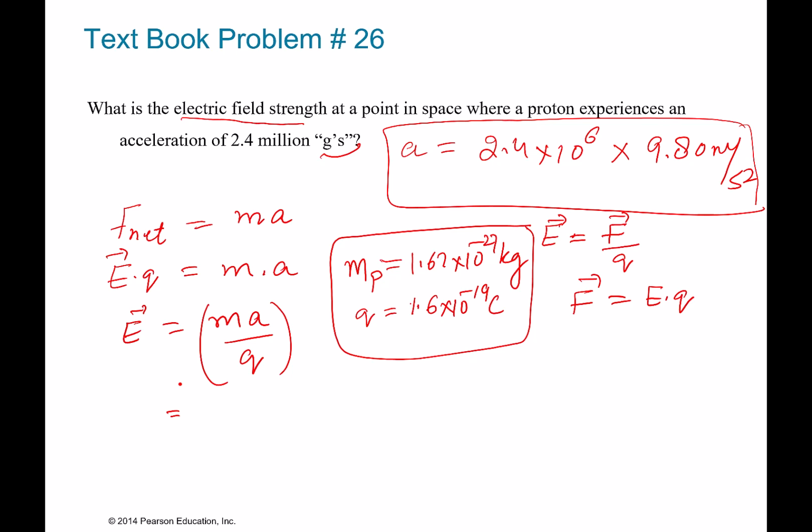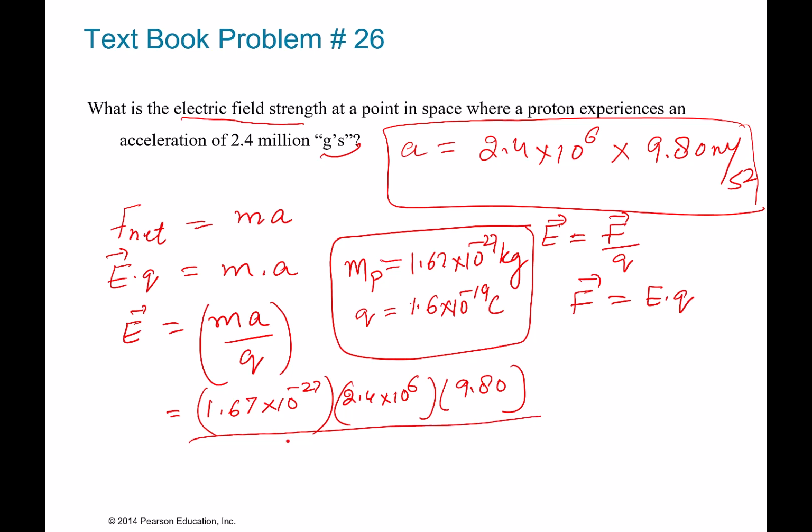The mass of the proton, 1.67 × 10^-27 kg, multiplied by the acceleration, which is 2.4 × 10^6, 2.4 million, times 9.80 meters per second squared, divided by the charge, 1.6 × 10^-19 coulombs. Go ahead and solve it to find the electric field.